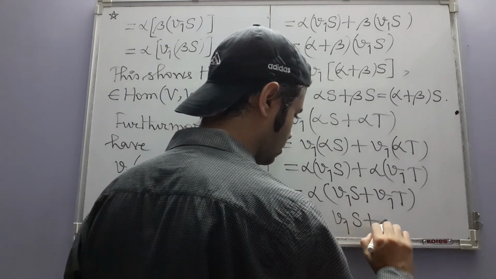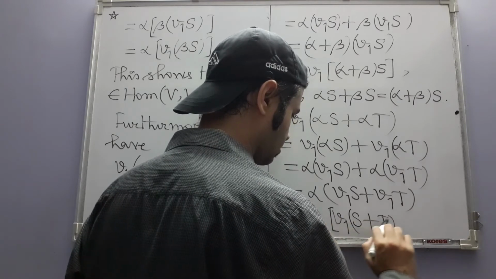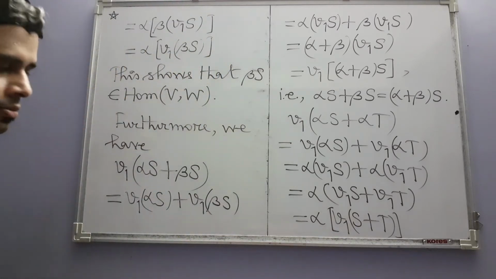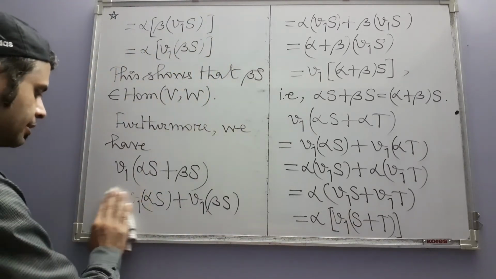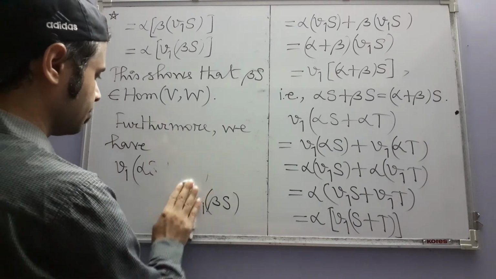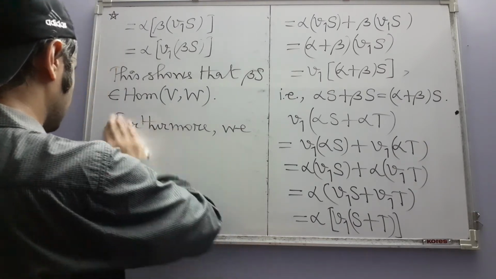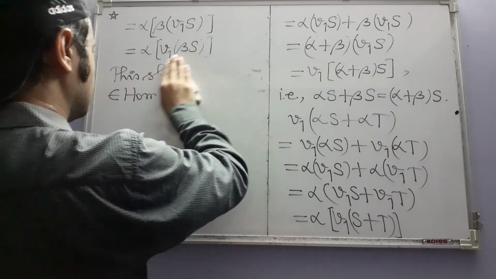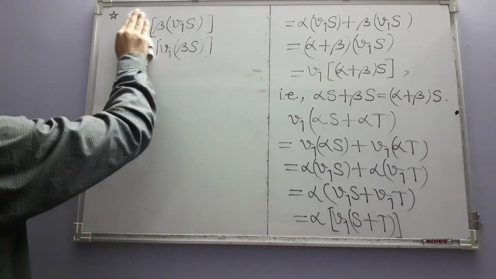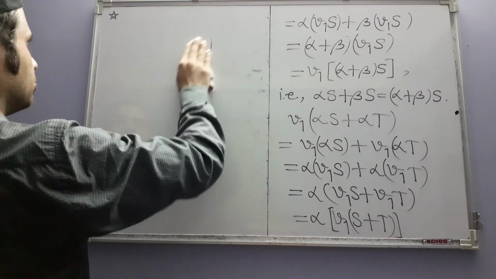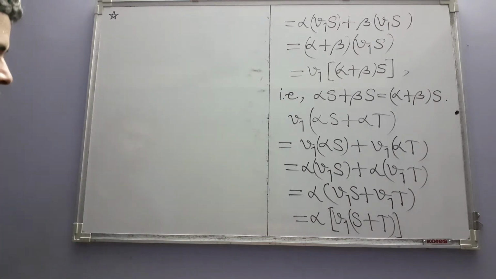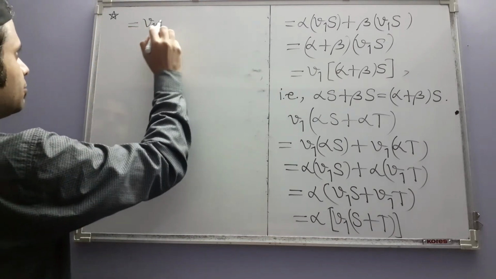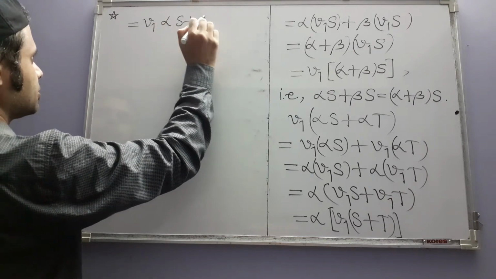This equals v1 s plus t. Here we have used the definition of s plus t, and once again using the definition of scalar multiplication, this thing is the image of v1 under the function alpha times s plus t.